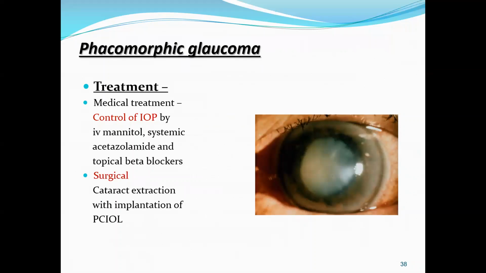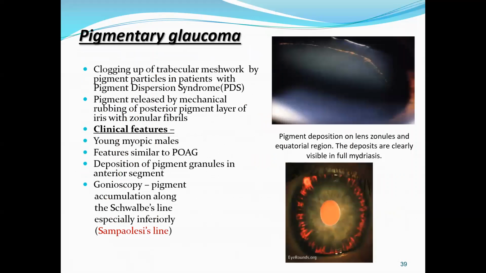Phacomorphic glaucoma: when you see this phacomorphic glaucoma, the medical treatment is control of intraocular pressure by mannitol and systemic acetazolamide, and first aid is surgical treatment, cataract extraction. This one, pigmentary glaucoma.